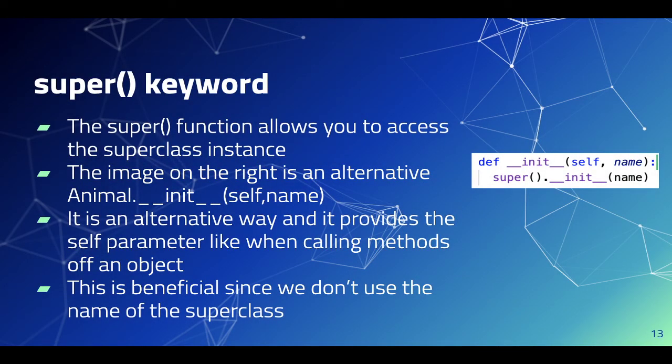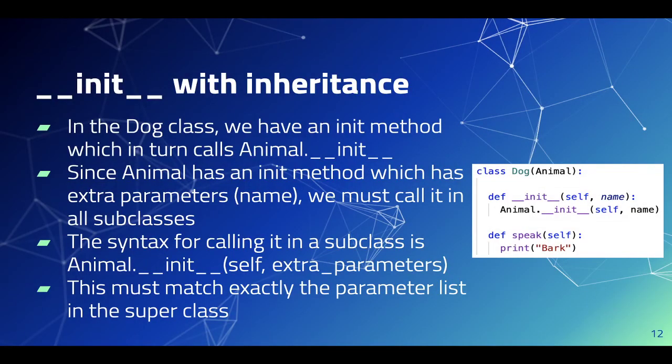So you can also use something called super. This makes sense, right? Because animal is a superclass. The super function allows you to access the superclass instance. So notice how, yes, dog is a class, but eventually we want to create an instance of the class, right? That's why we're creating classes. We want to create an instance of a class, usually.